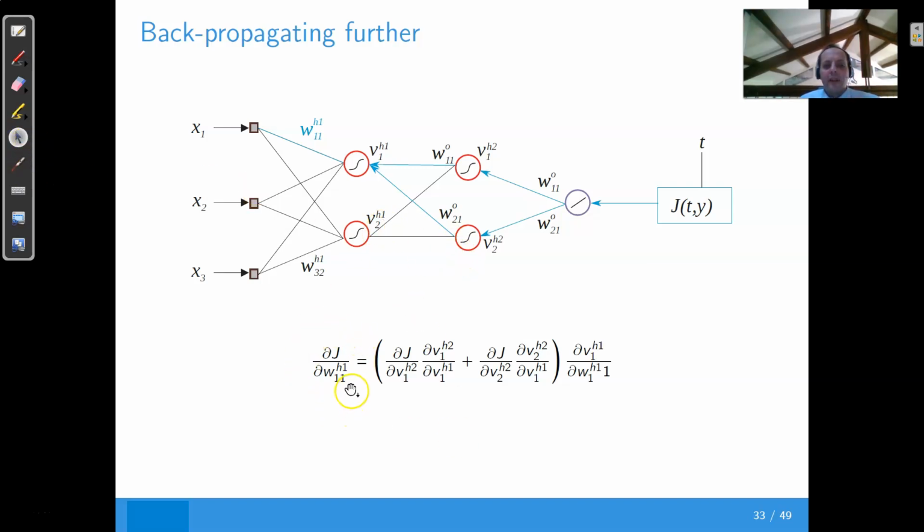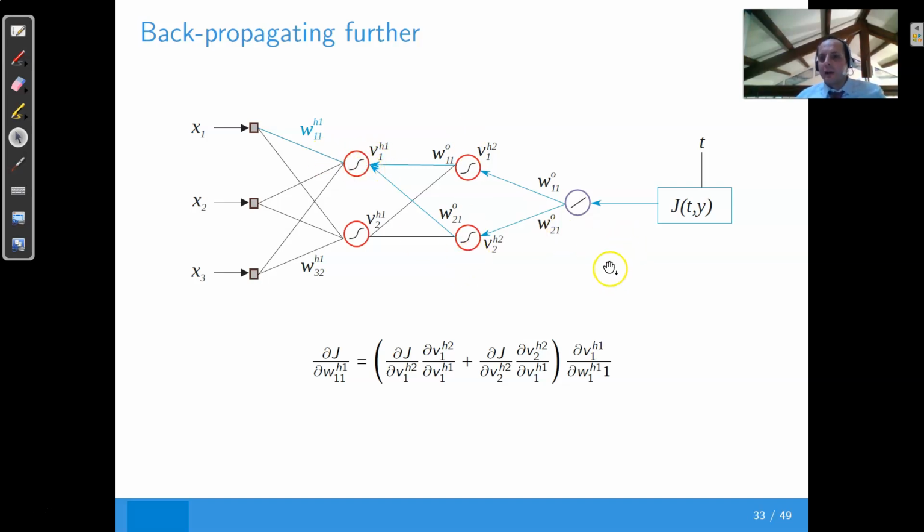And in fact, as you can see here, the derivative of the cost function with respect to the weight here depends not only on the direct relation between the first neuron in the second layer and the first neuron in the first layer, but also on the second neuron in the second layer to the first layer.